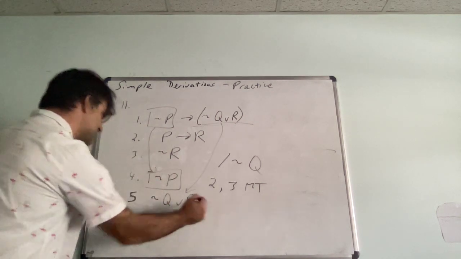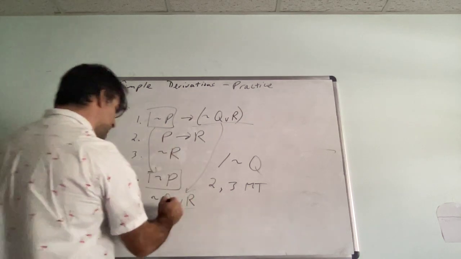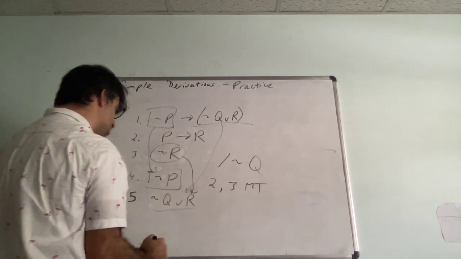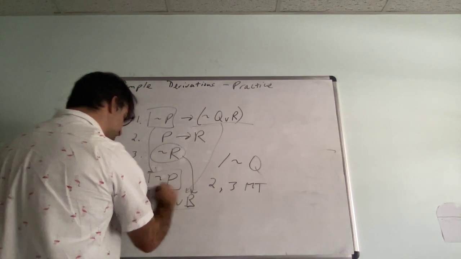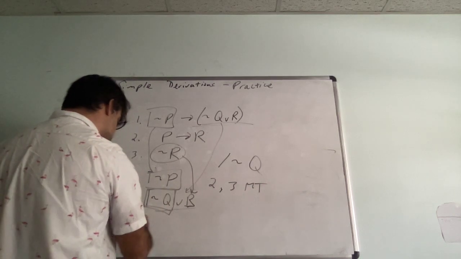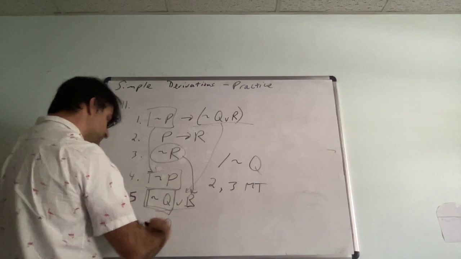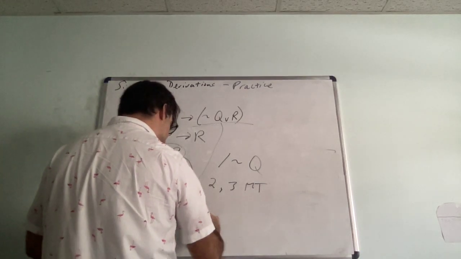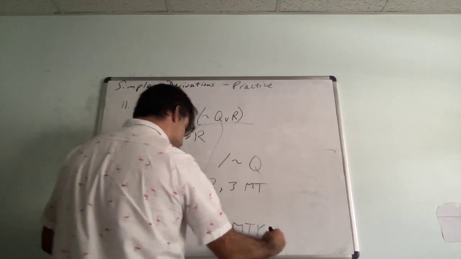Now this is an OR statement just like before. Notice we have an OR statement and we have not R. Since not R is true, since this is false, this is true: not Q, based on 5 and 3, or 3 and 5, MTP2.